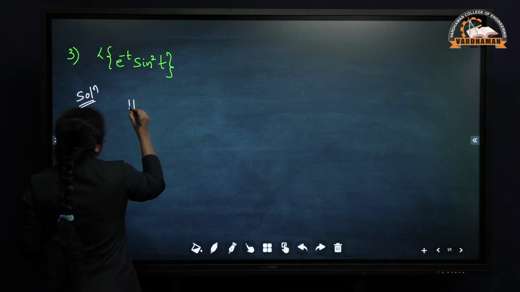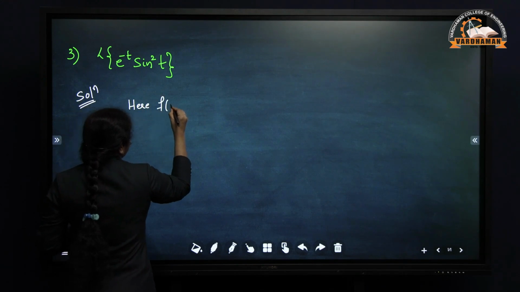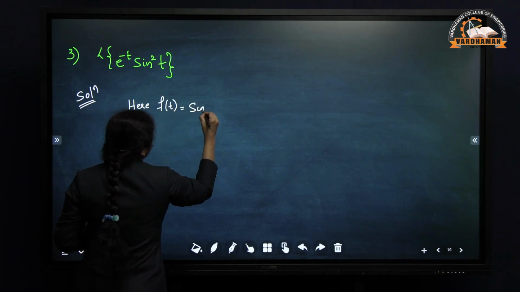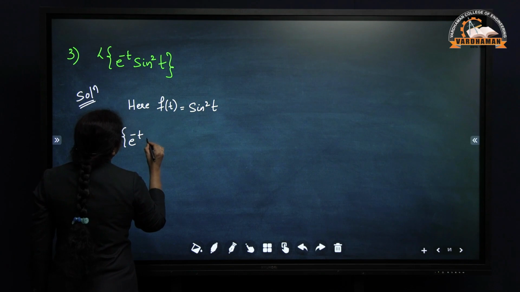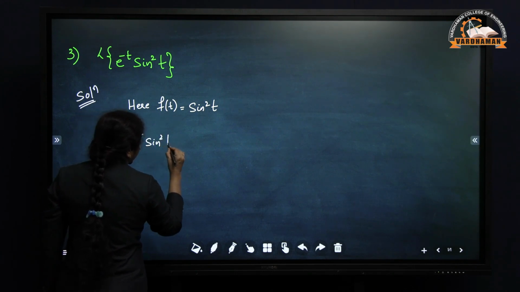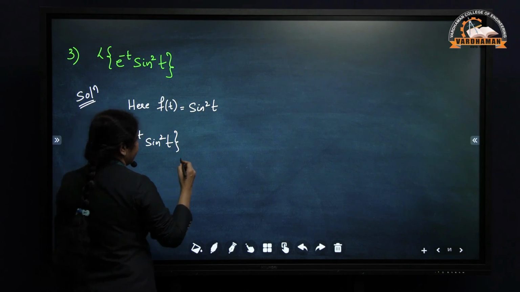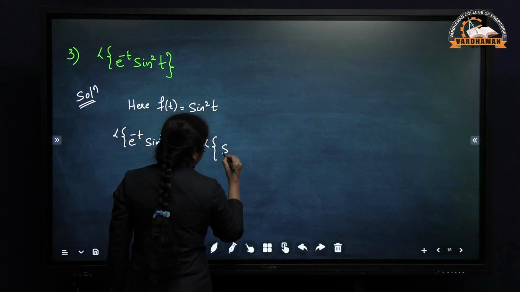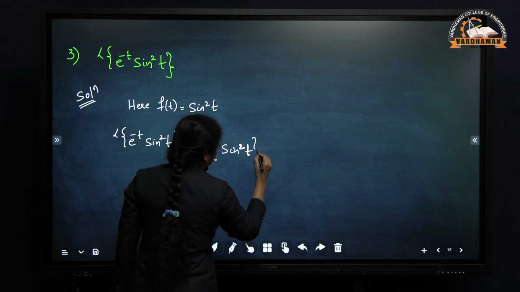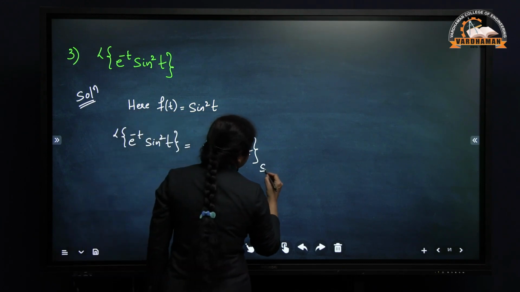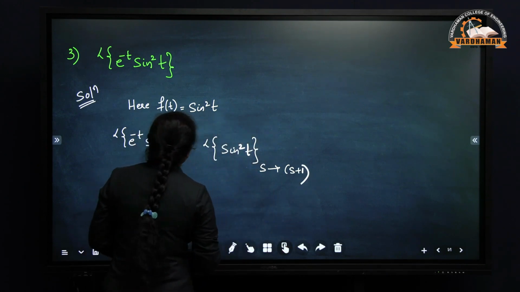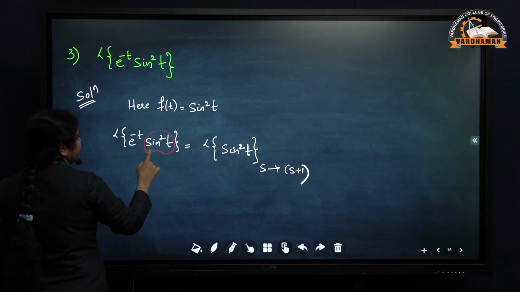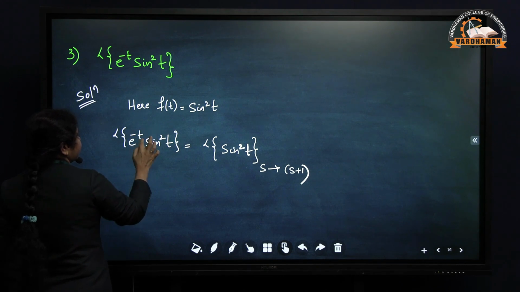Now we will discuss one more example on first shifting theorem. So in this example, f of t is equal to sin square t. So now Laplace transform of e power minus t into sin square t can be written as Laplace transform of sin square t, where we need to change s with s plus 1, since here the function sin square t is multiplied by e power minus t, where here the t coefficient is minus 1.